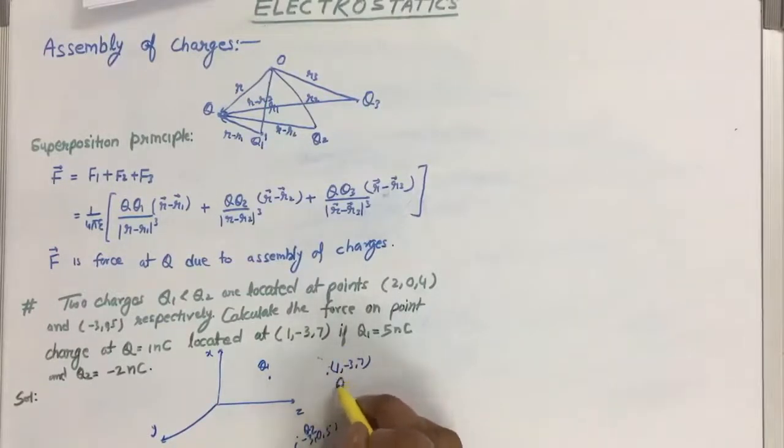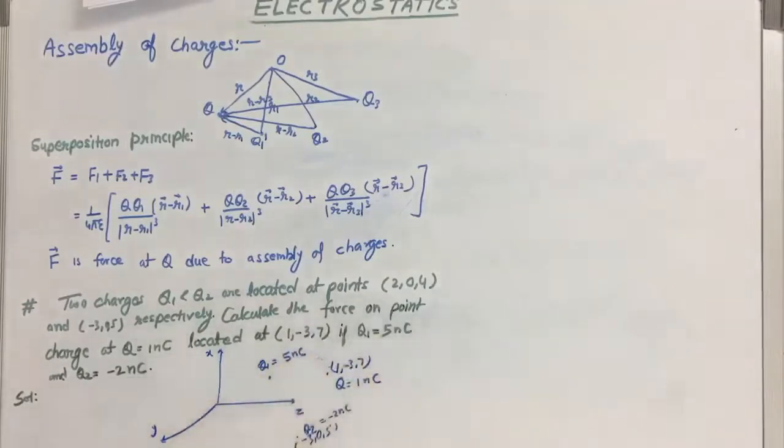This is charge Q of value 1 nanocoulomb. This is of minus 2 nanocoulomb. This is of 5 nanocoulomb. This is our system of charges. Now we have to find the net force on this charge due to this system of charges. So consider it as origin. This is considered as R1.